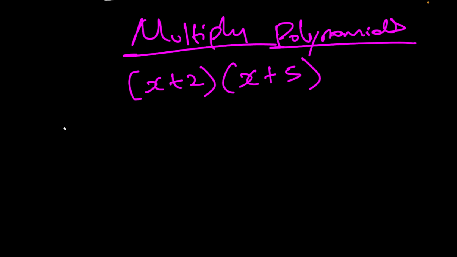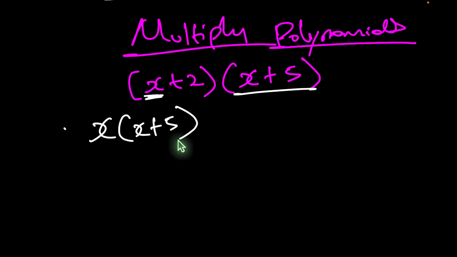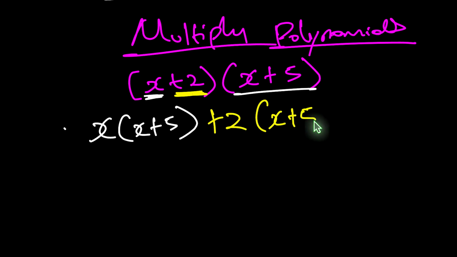Some people like to use a method called FOIL, but all I'm going to show you is we take that first term and write it outside of that bracket, like so, x plus 5. Then we take this second term and write it outside of the very same bracket here. And then we just expand the bracket.